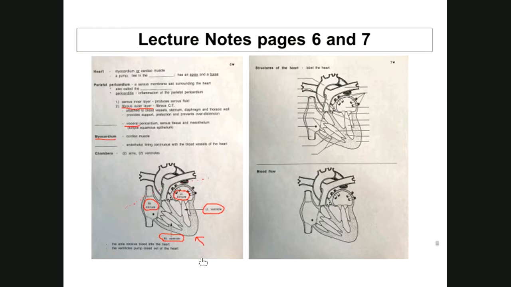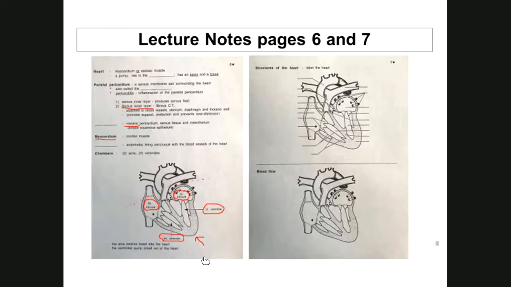Attached to blood vessels, the sternum, diaphragm, and thoracic wall. So it's going to help support, protect, and prevent overdistension of the heart. That's what the sac does. Epicardium. Epicardium means upon the heart. That's going to be your visceral pericardium.